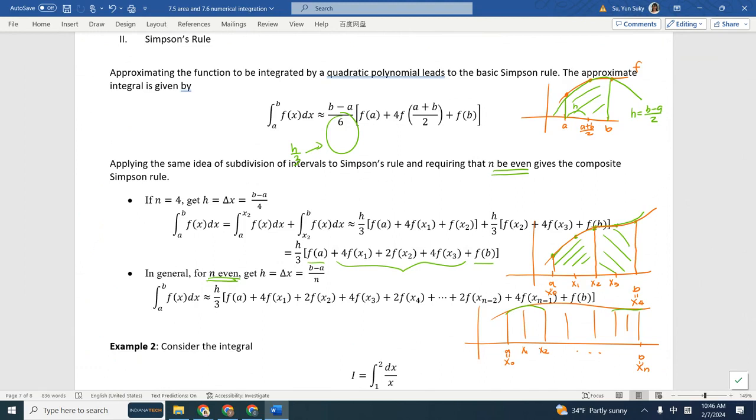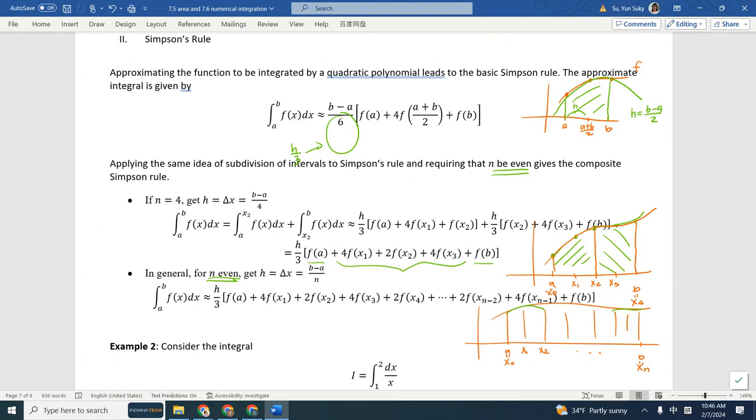So this is the formula. If you have 2 blocks, we still have h/3, with the left endpoint 1 copy, then x1 is 4 copies, but x2, because it's the right endpoint of the left block and the left endpoint of the right block, appears 2 times.